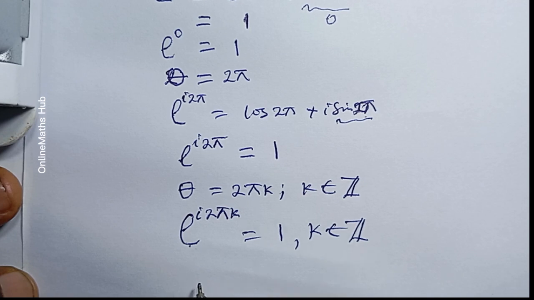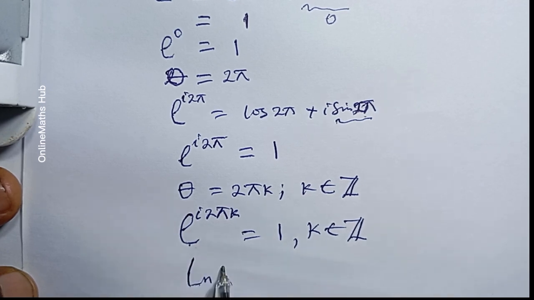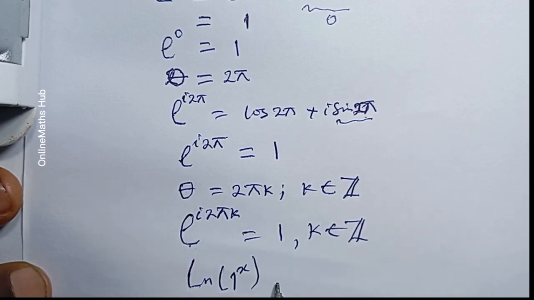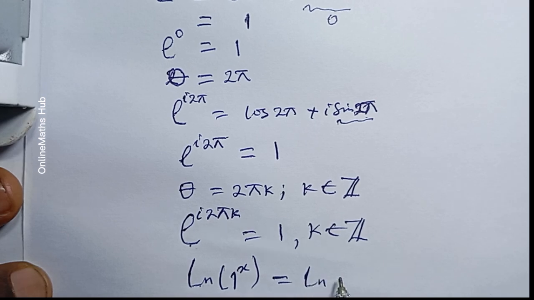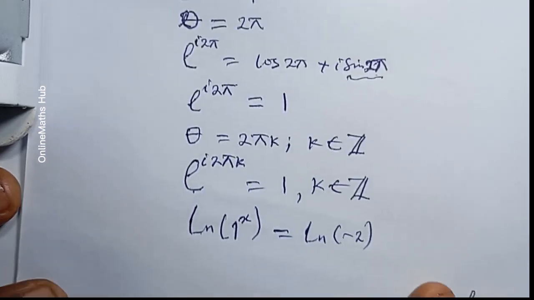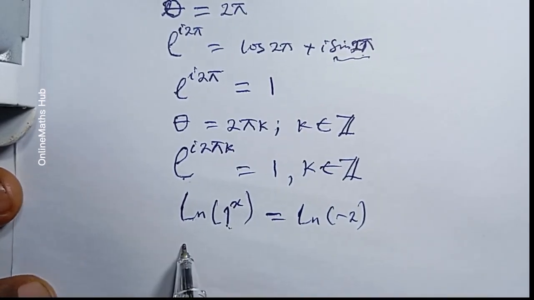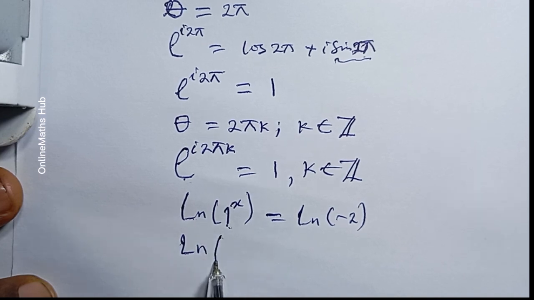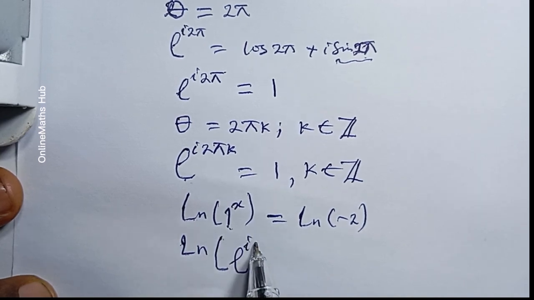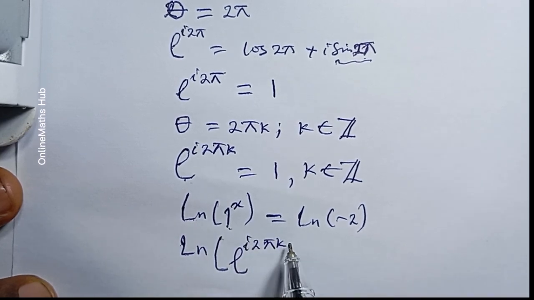So in this place where we have the natural log of 1 to the power x equal to the natural log of -2, I'm going to replace this 1 here so that I have the natural log of e to the i 2 pi k.